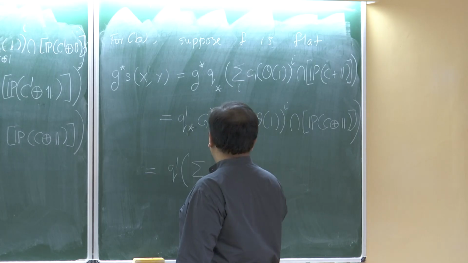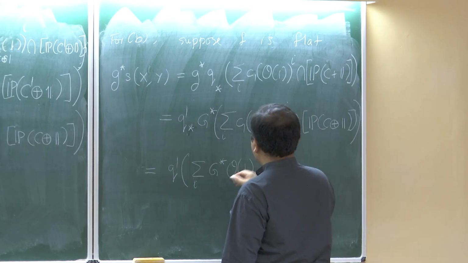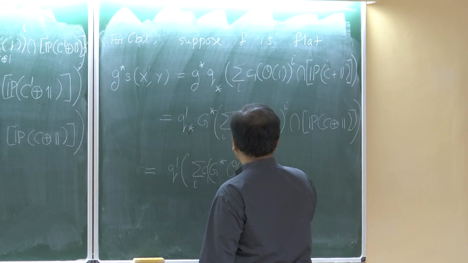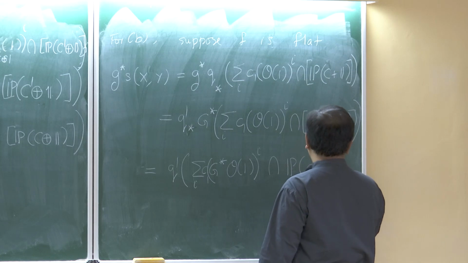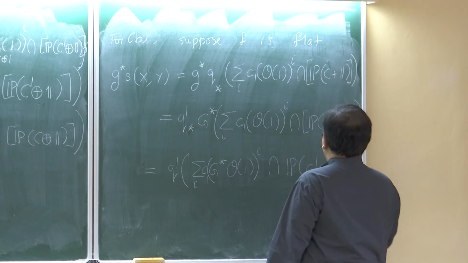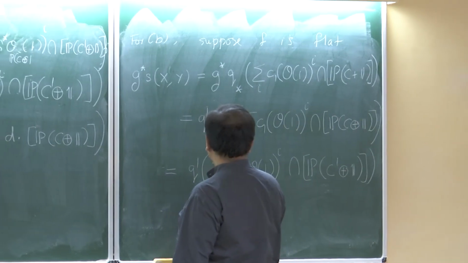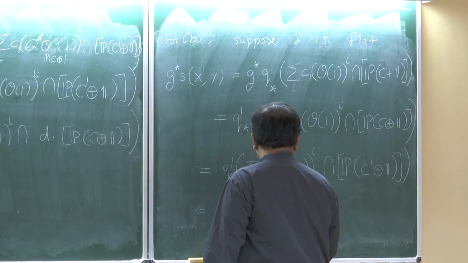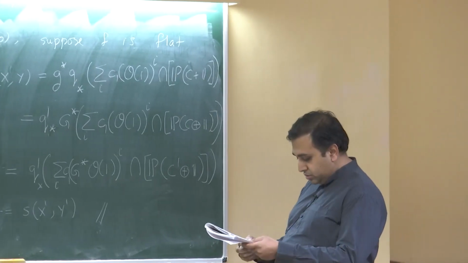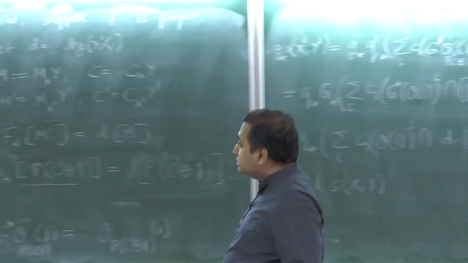So the summation over i of g upper star of the Chern class of this, to the i, intersected with P of C prime plus 1, which is equal to S of X prime, Y prime. Okay, so this is very straightforward. Any questions about this proof?